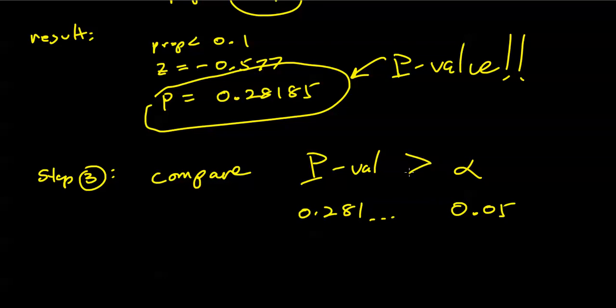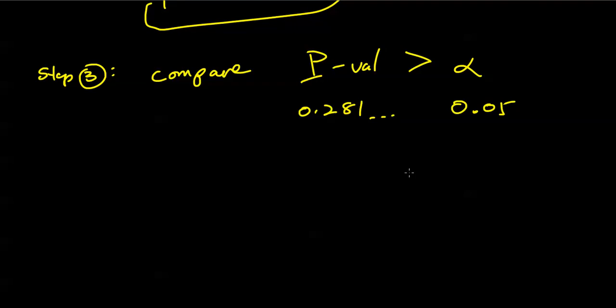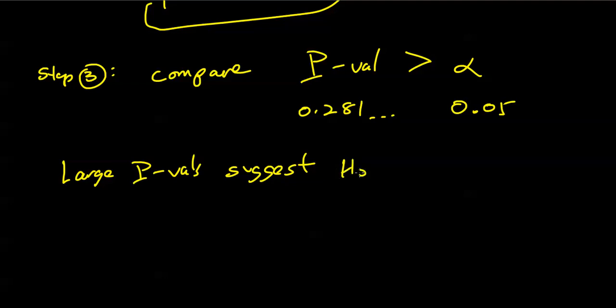And of course, in this example, your p-value is greater than alpha. And remember, large p-values suggest H0 is true. Let me write that down again. Large p-values don't prove. Again, we're basing our decision on sample data. All right, so large p-values suggest H0 is true.